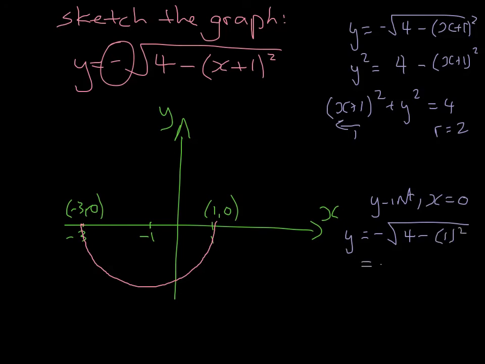So that will be equal to the -√ of 4 take away 1, which is 3. So that tells us that our coordinate there will be x is 0 and y is equal to -√3. And that's that graph sketched.